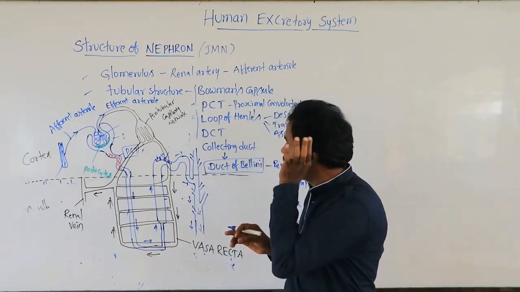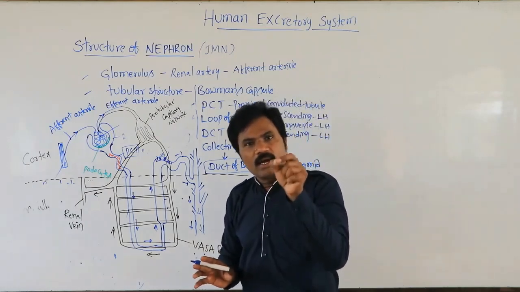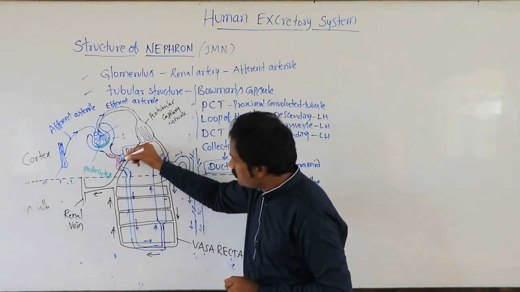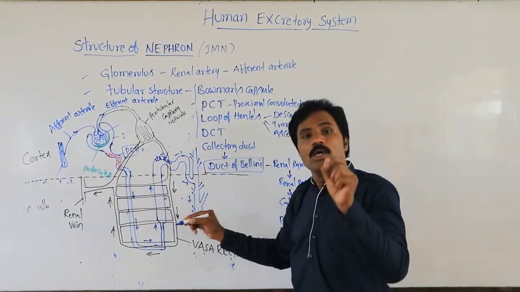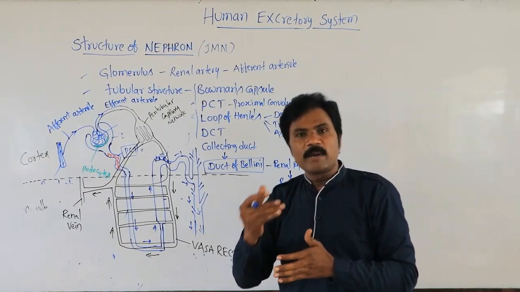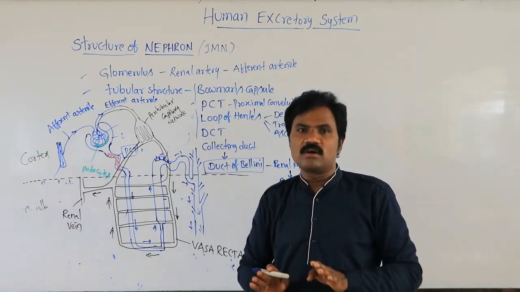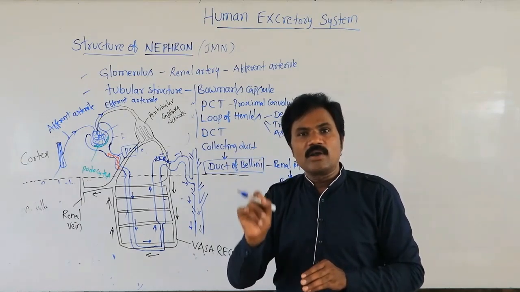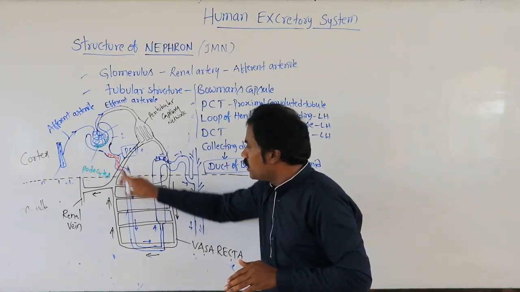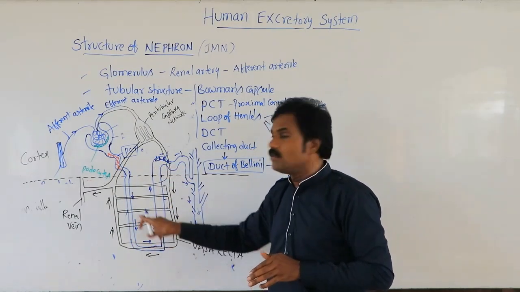That is very important. Vasa recta carries only blood. What moves along the nephron, the proximal convoluted tubule, loop of Henle, distal convoluted tubule? The filtrate, the urine, travels along the nephron tubules, whereas vasa recta carries only blood. That is very important.